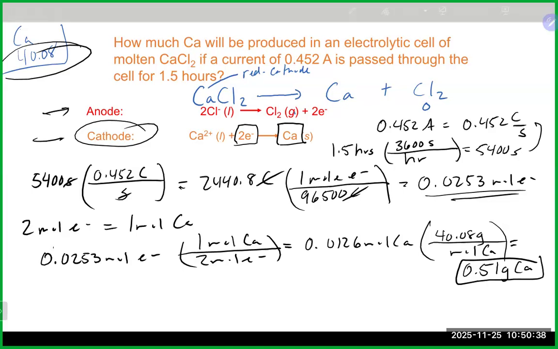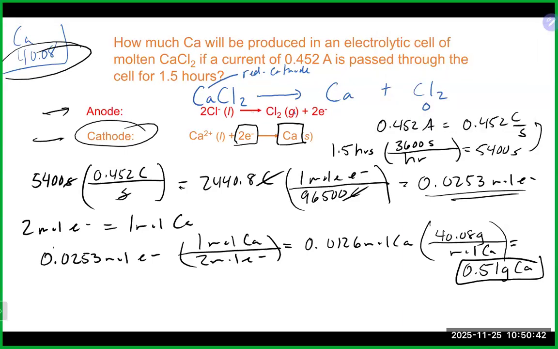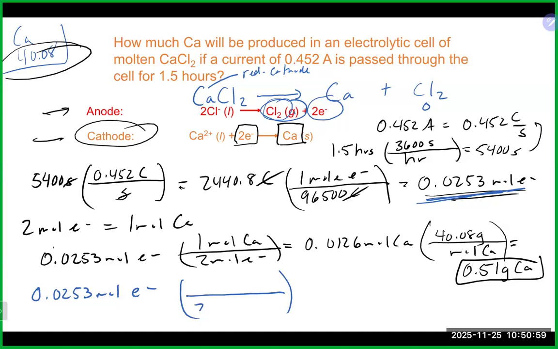Now, it wasn't asked in this problem, but if you were also interested in the chlorine gas that you would collect, you could still pick up from here and do the same sort of calculation using the chlorine's half reaction, which we would also see is a 2-to-1 relationship. 2 moles of electrons, 1 mole of chlorine gas.